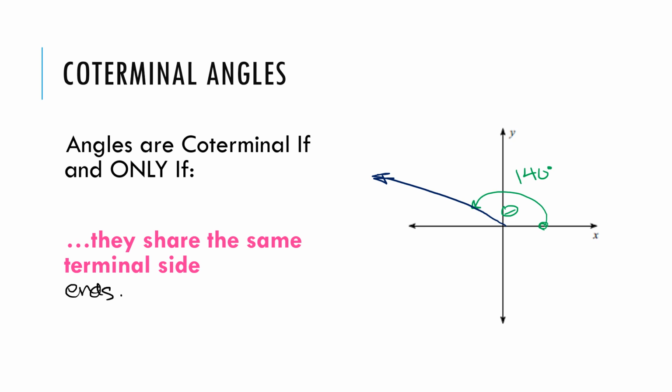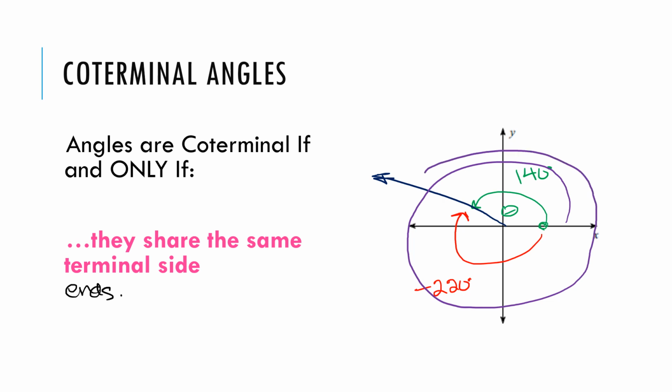A coterminal angle shares the same terminal side, so I can travel in the opposite direction to get there. A coterminal of negative 220 would work, or I could go in the same direction that I originally did, but loop around more than once and have a coterminal of 360, one rotation, plus the original 140, so 360 plus 140 would give me exactly 500 degrees.